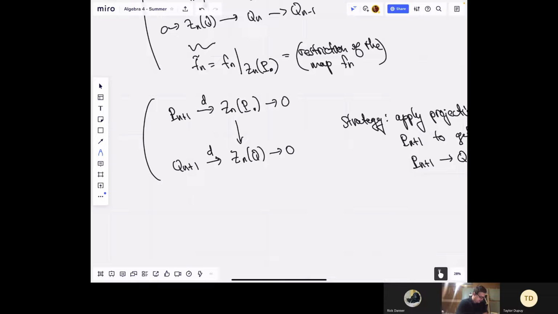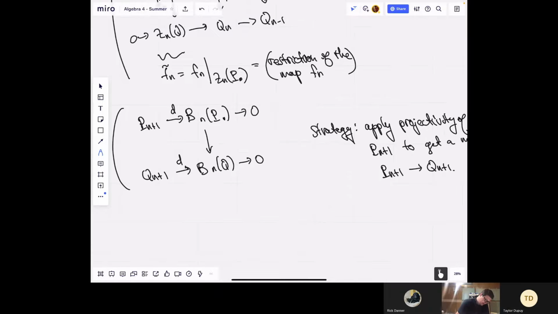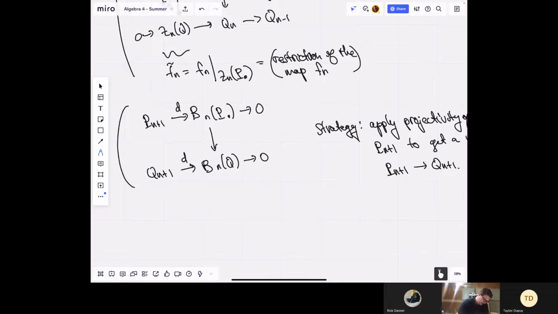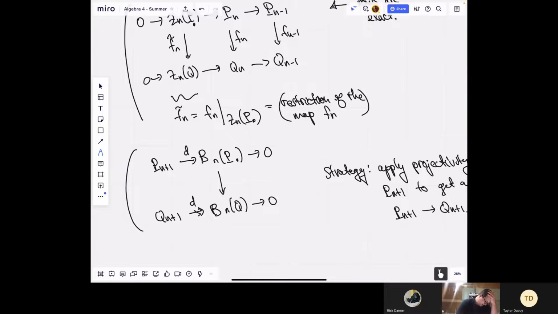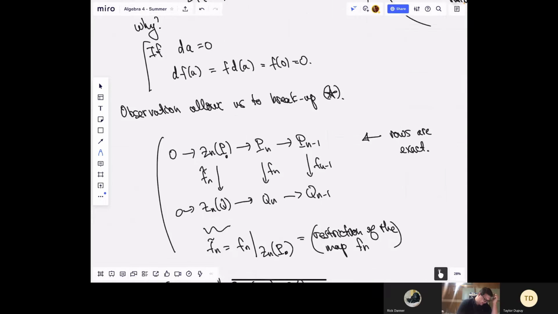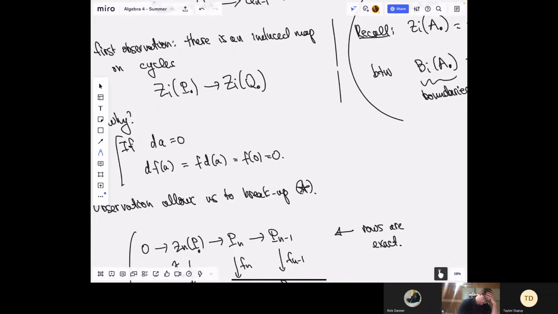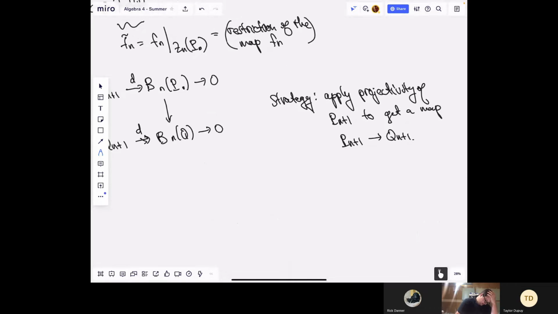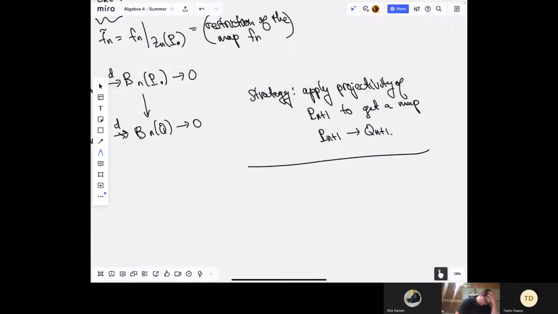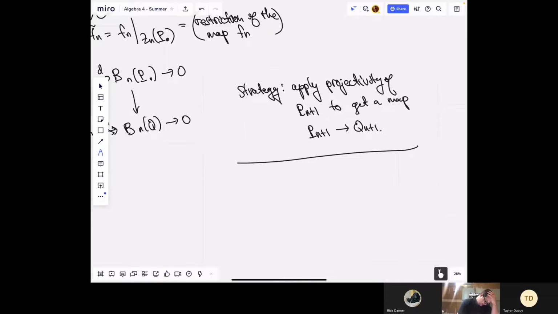This doesn't feel exact on the rows here. If we want this to be correct, I think we need B like this. Okay, this works. This is definitely surjective now. And do we have that it maps boundaries to boundaries? Let me check. Do we have a map from boundaries to boundaries?